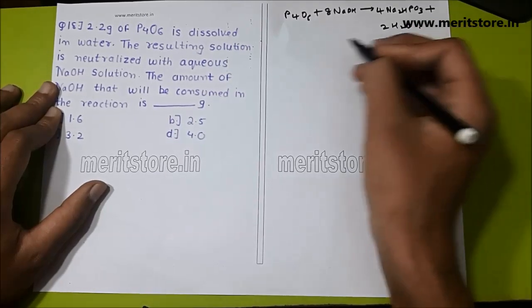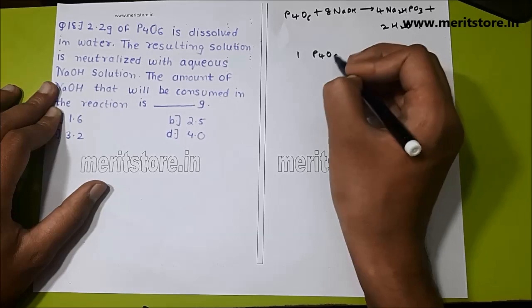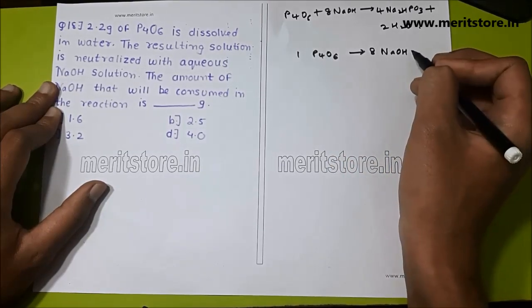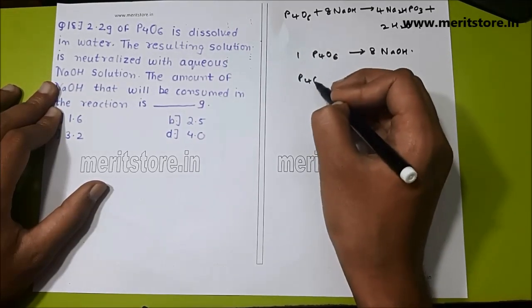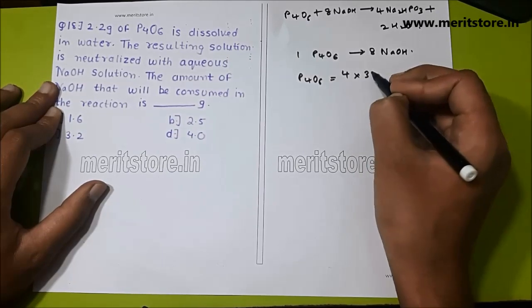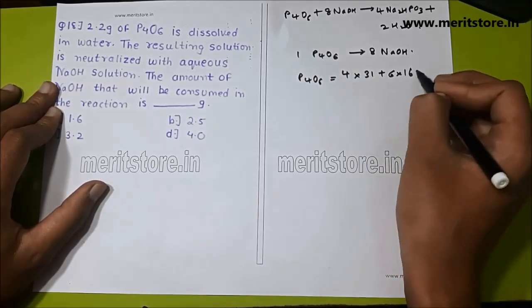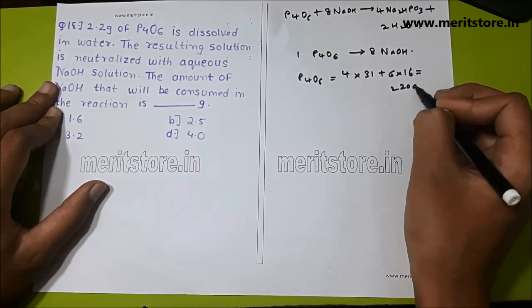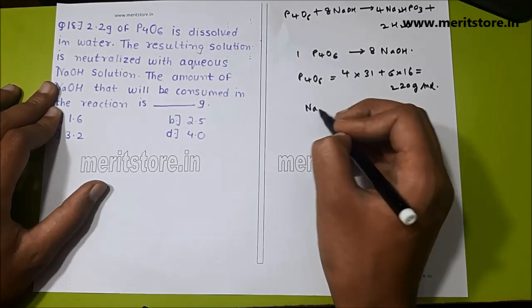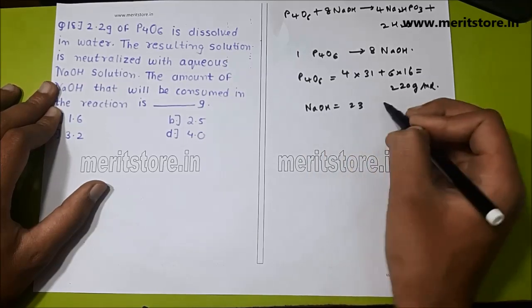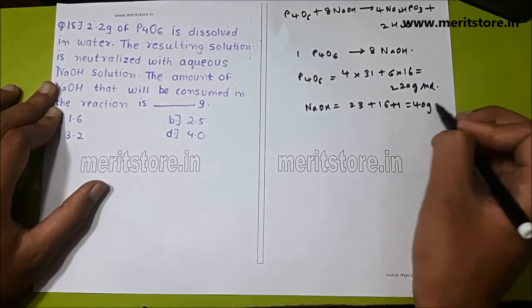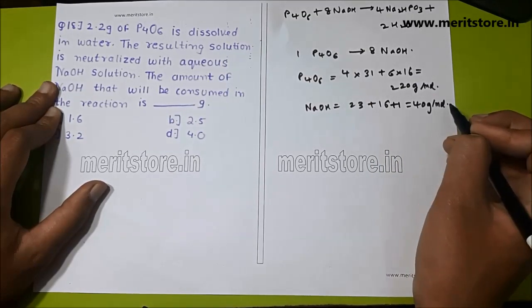1 mole of P4O6 will react with 8 moles of NaOH. Molecular mass of P4O6 is equal to 4 into 31 plus 6 into 16, which is equal to 220 gram per mole. Molar mass of NaOH is equal to 23 plus 16 plus 1, which is equal to 40 gram per mole.